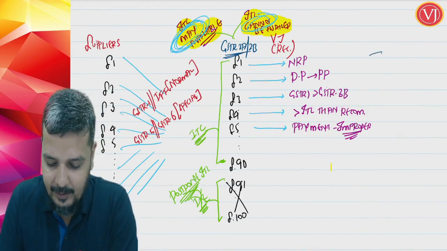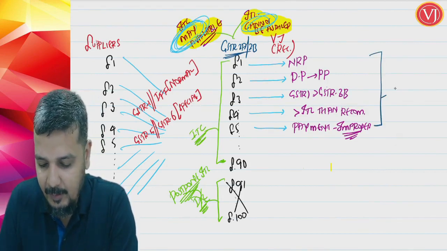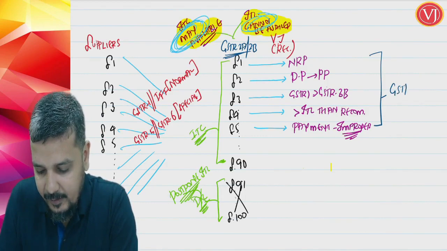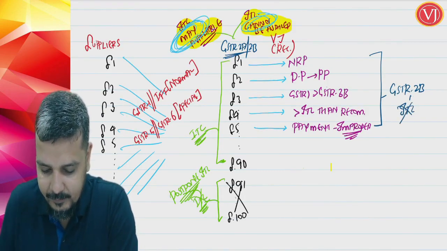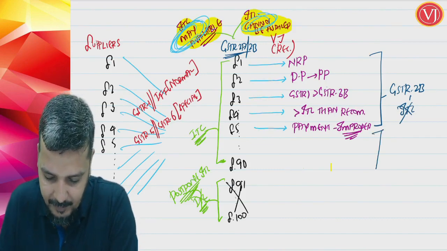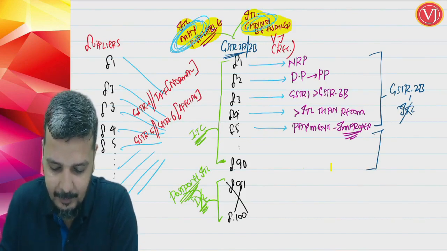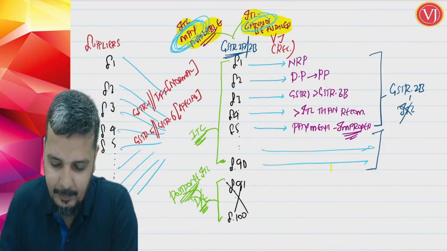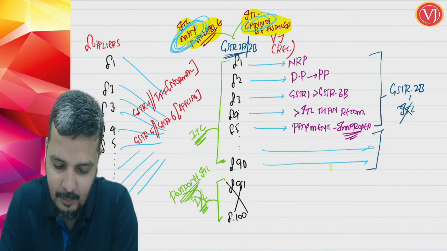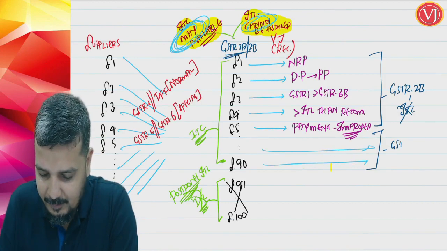These five suppliers are all available in my GSTR 2B, but I cannot take ITC. Say from the 6th supplier to the 19th supplier, I am getting them in my GSTR 2B.